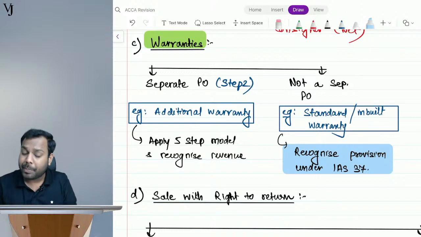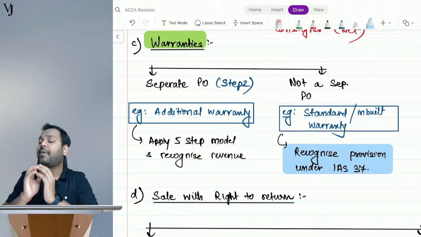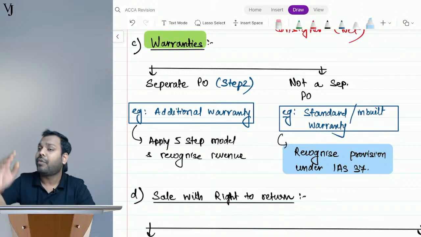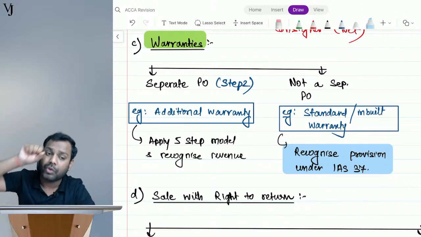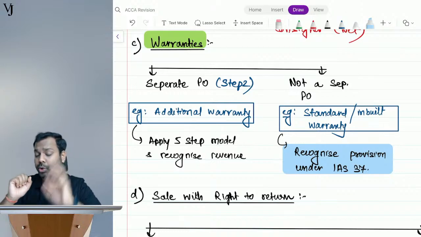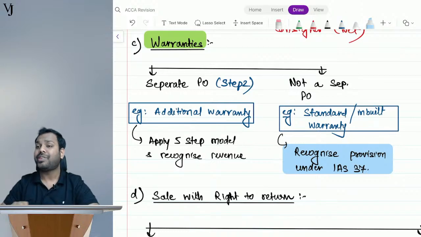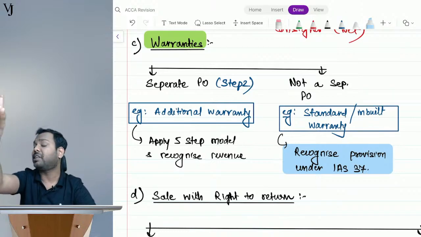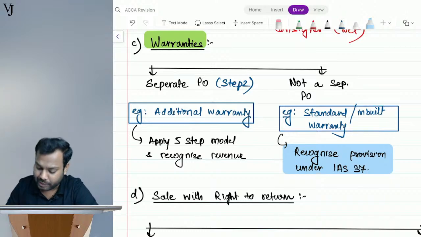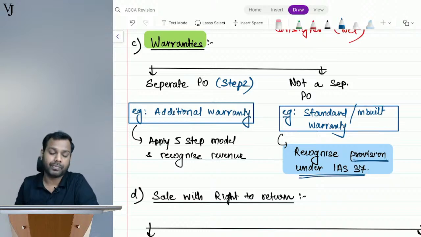But if it is not a separate performance obligation, it means in the future I am bound to incur a cost for which I will not receive any revenue from the customer. And hence you have to create a provision under IAS 37, right?